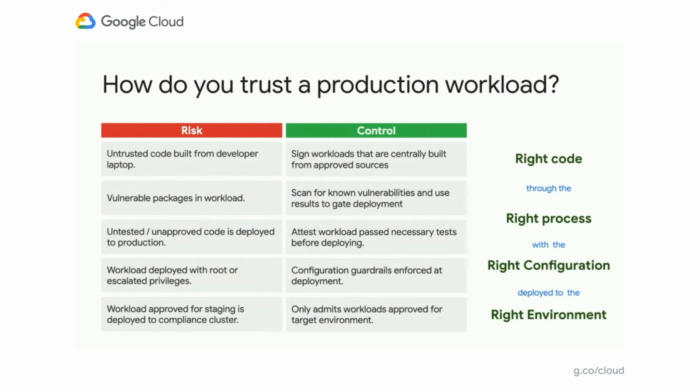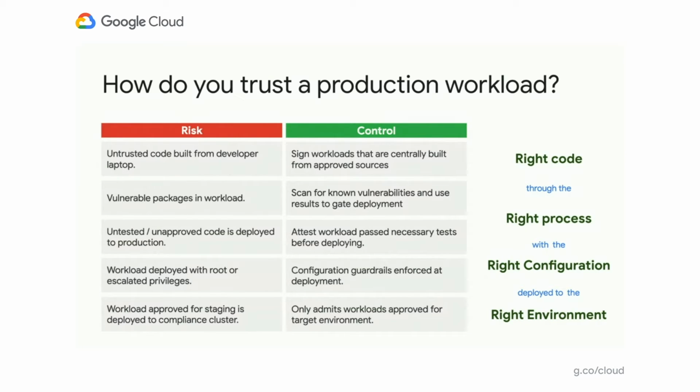So there are a common set of risks associated with deploying a workload. The workload deployed may be built from untrusted code in an untrusted environment. And the typical mitigation for that is to make sure it's built centrally. And also make sure that it's signed by the centralized process that builds it so that it can be verified later on.